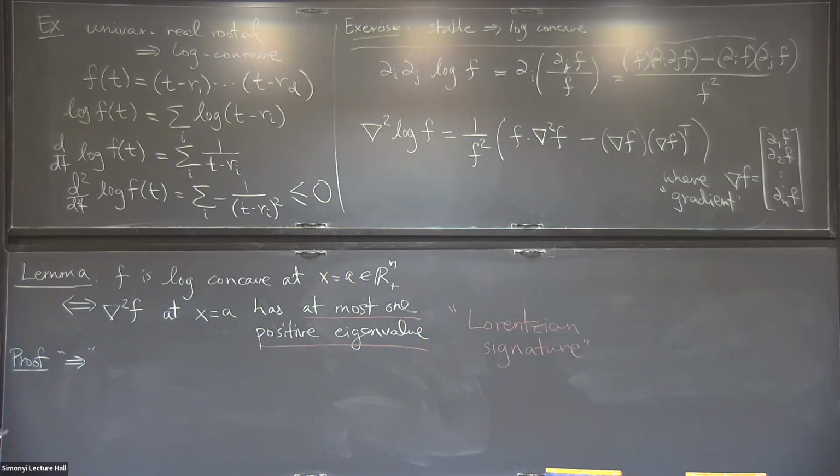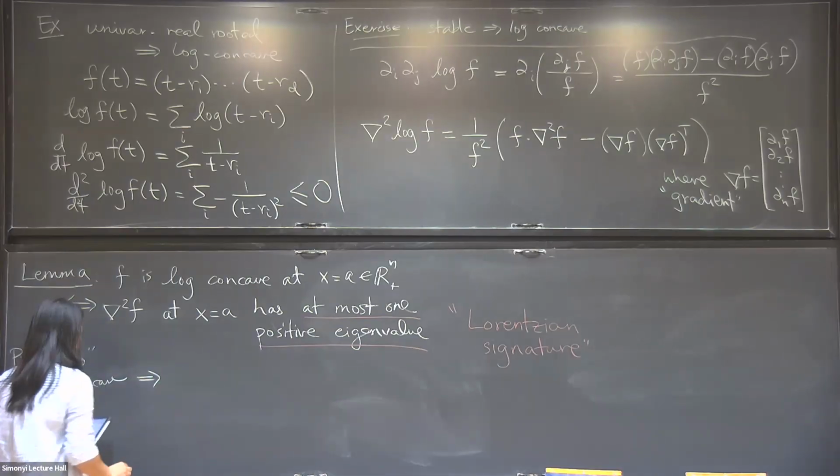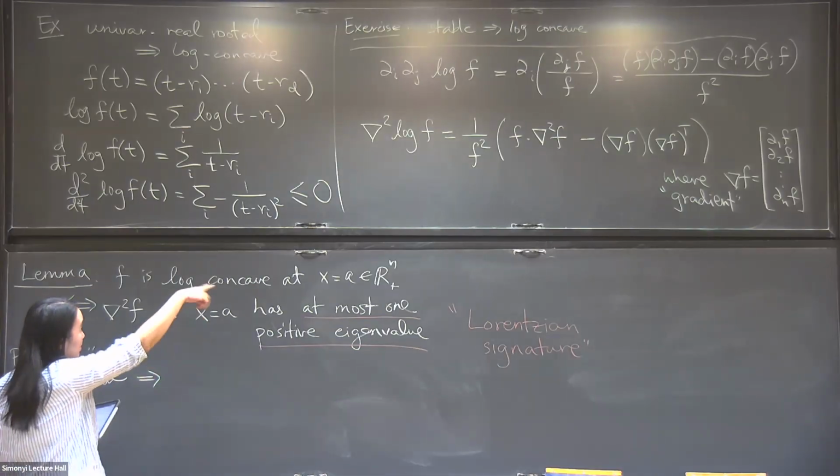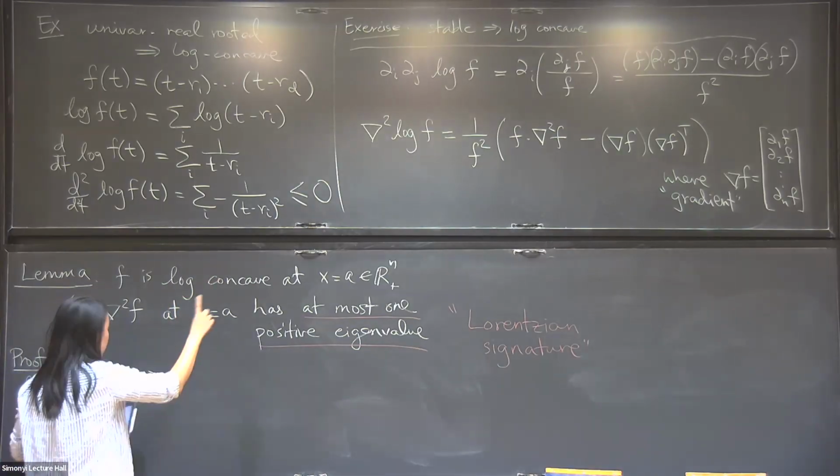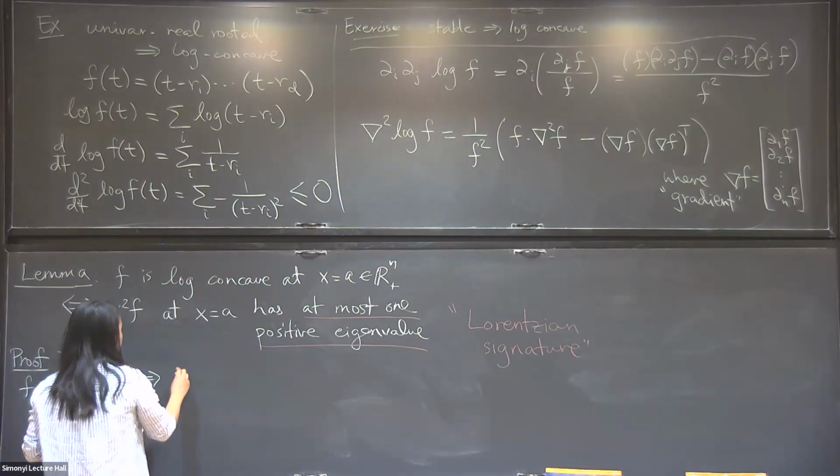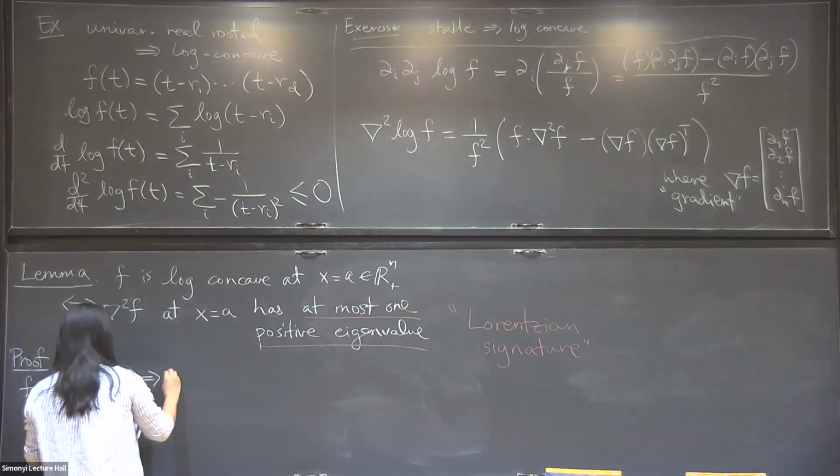Okay, so F log-concave implies that this entire matrix is, let me just write it down, negative semi-definite.